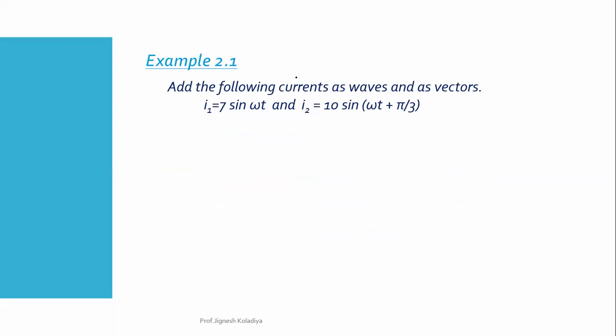Okay, so the example we are taking: add the following currents as a wave and as vectors. So I1 is given, I2 is given, meaning two vectors are given. I1 is 7 sine omega t and I2 is 10 sine omega t plus pi by 3.